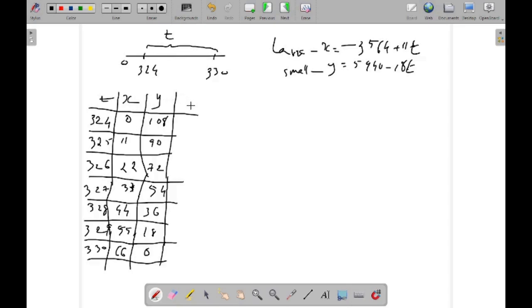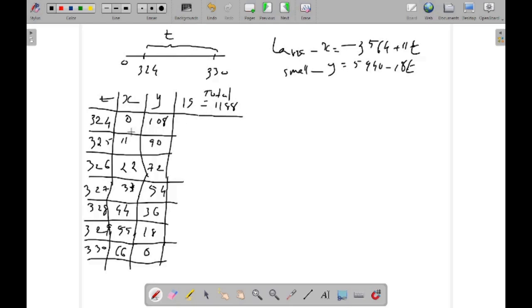All these combinations give the total amount. Is it equal to 1188?